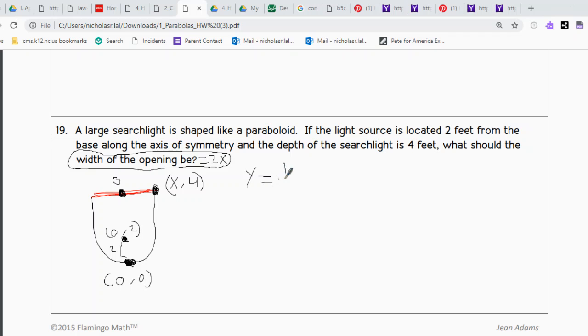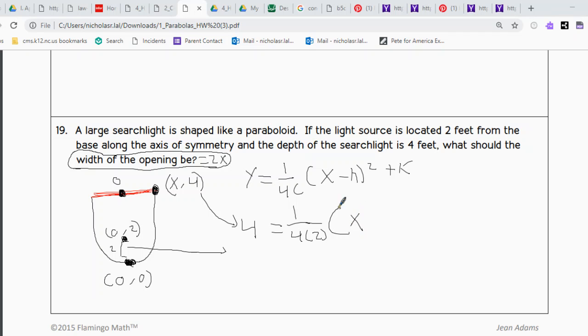All right, so let's use our parabola equation. y is equal to 1 over 4c times (x minus h) squared plus k. Now we don't know x, so that's what we're solving for. But c is equal to 2, y is equal to 4, so 4 is equal to 1 over 4 times 2, times x minus 0 squared, plus k, which is 0.